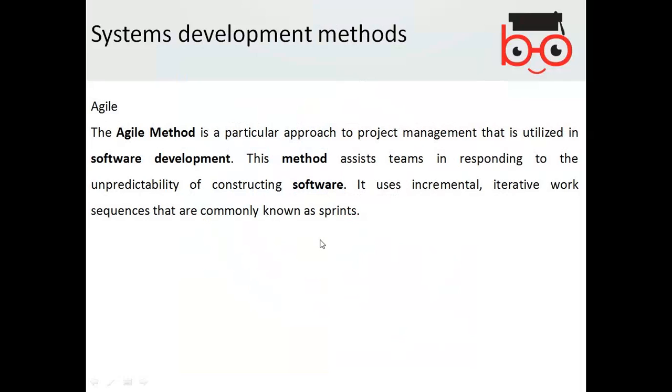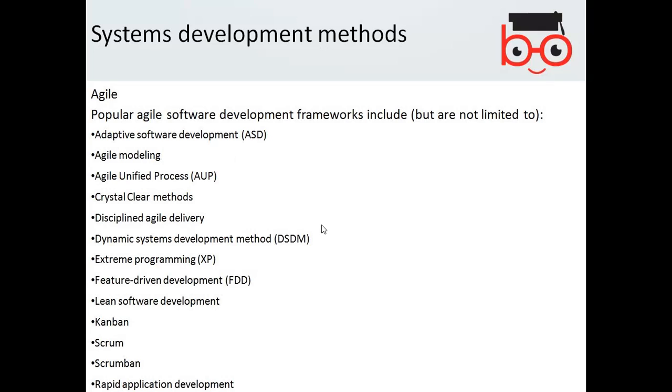So if you are considering methods of software development where you are checking the incremental work and the risk, they basically come under the agile method. Agile approaches are different, like ASD (adaptive software development), agile modeling, agile unified process, crystal clear methods, and so on.